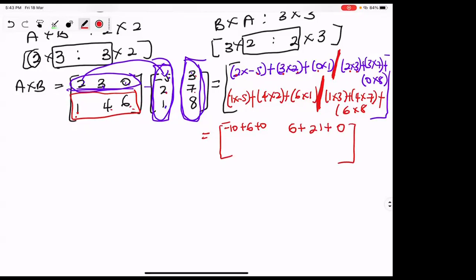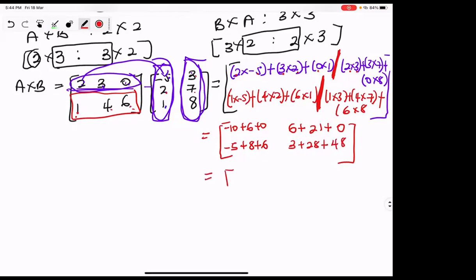We move on to the second row. We have 1 times minus 5, that is minus 5, plus 4 times 2, 8, plus 6 times 1, that is 6. And then the last entry, we have 3 plus 28 plus 48.